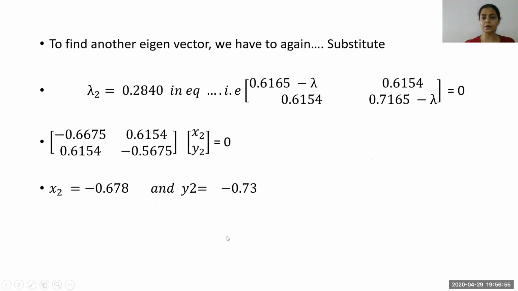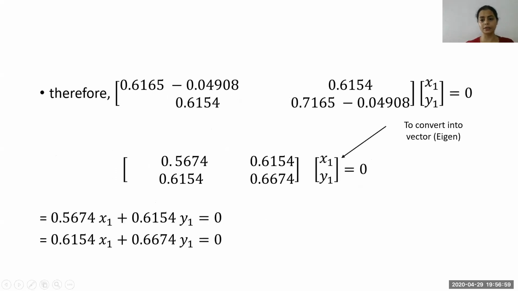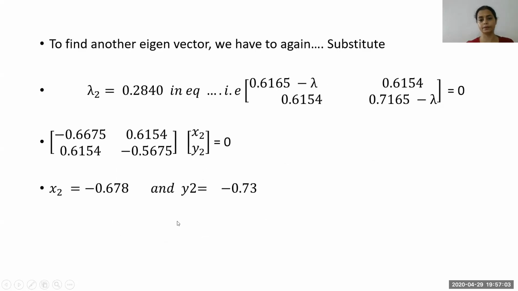On solving these equations, we will get the value of x1 and y1. Now, again, to find another eigenvector, we have to substitute the value of lambda 2 in this equation. Substituting the value of lambda 2, this is what we get.